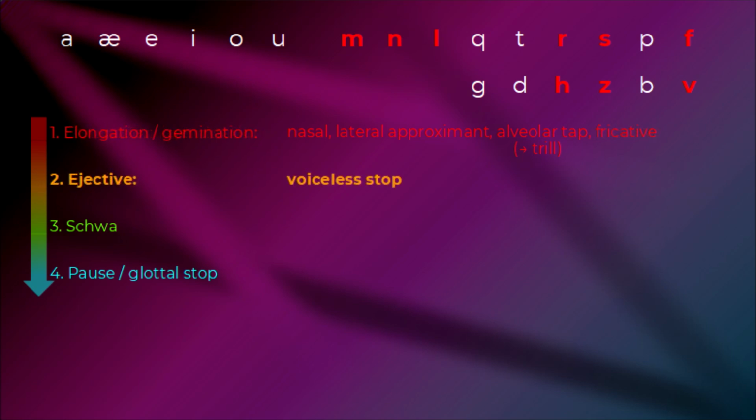This method may be applied to the voiceless stops of Ælis. These are Q or the K sound, the T sound, and the P sound.